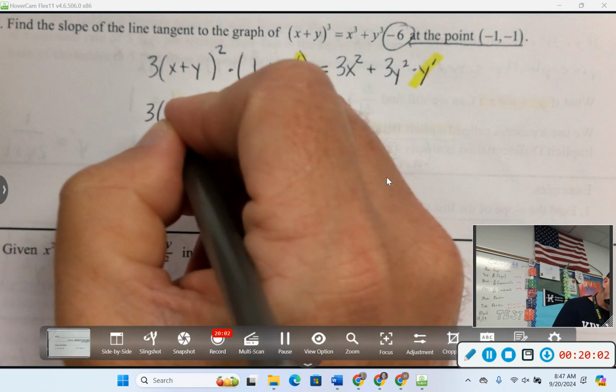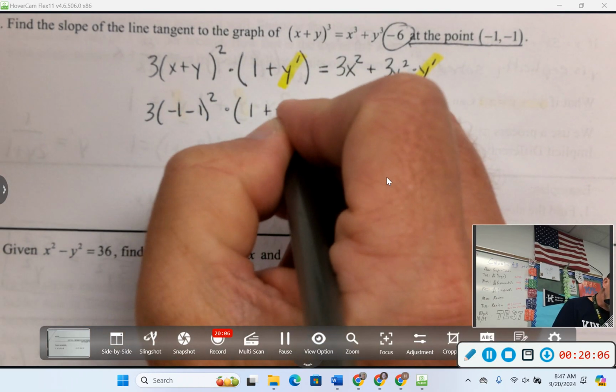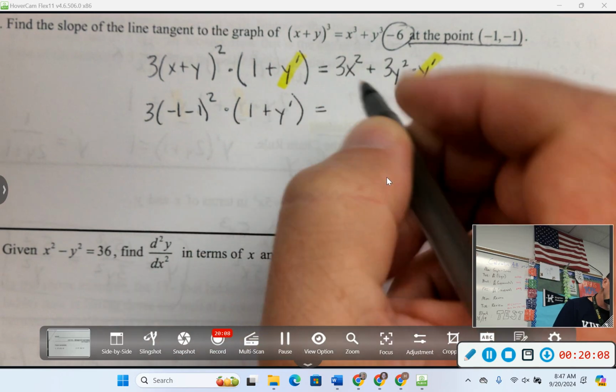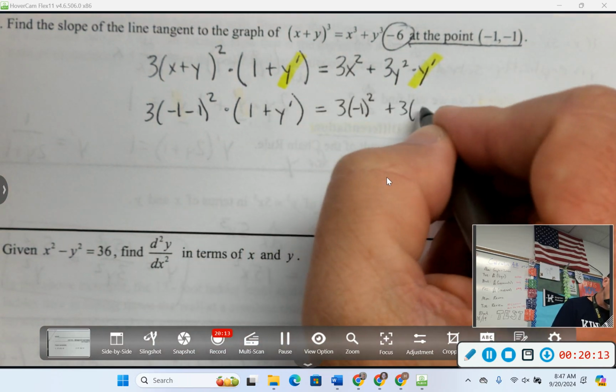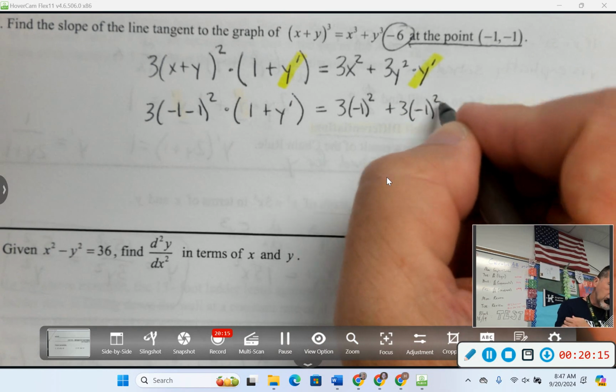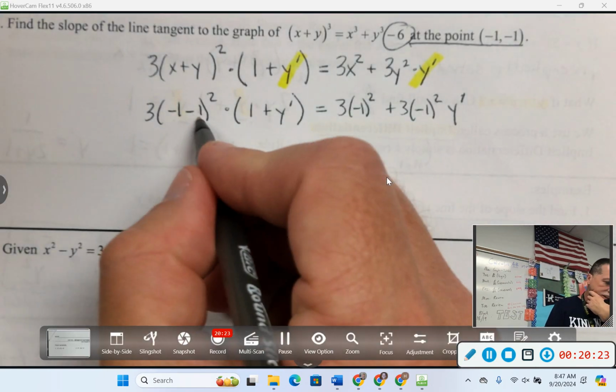So 3 times negative 1 minus 1 squared times 1 plus y prime. 3 times negative 1 squared plus 3 times negative 1 squared y prime. So I don't know, is that easier? Maybe. Maybe not.